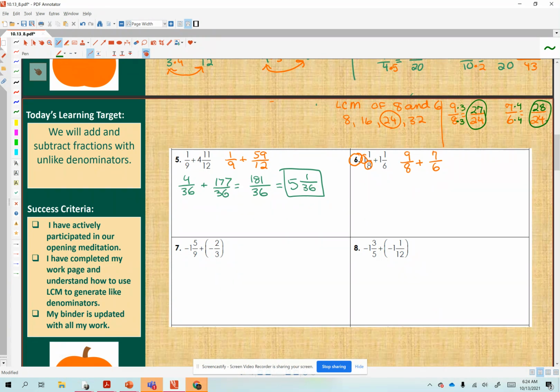Now we can add them together. 27 over 24 plus 28 over 24 equals 55 over 24. Now we'll divide 55 by 24. 2 times 24 is 48, with 7 left over, so that will equal 2 and 7/24.